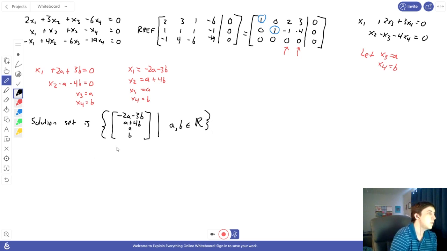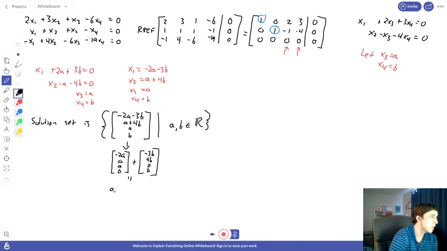The key thing to note here is that we can split this vector up as a vector containing a's and a vector containing b's. The a part looks like this, and the b part looks like -3b, 4b, 0, b.